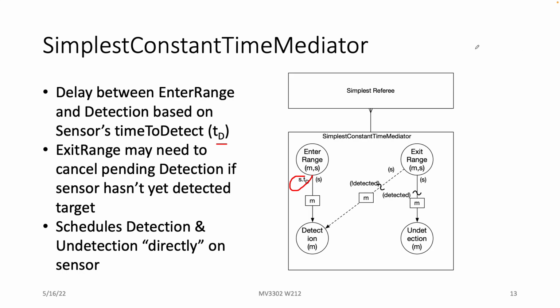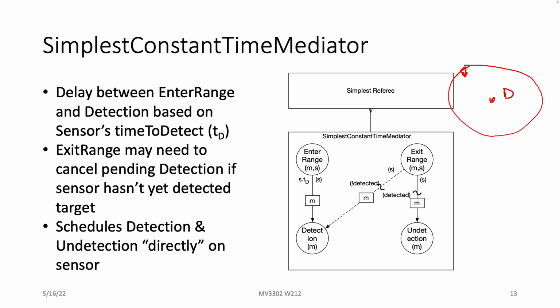Now here's the issue. Okay, so supposing at some point, let's say here we are. We have an enter range here. What often happens is that our detection event gets scheduled here, and then we're inside the range, we get the detection, and then when we actually exit the range, that's where our undetection happens.